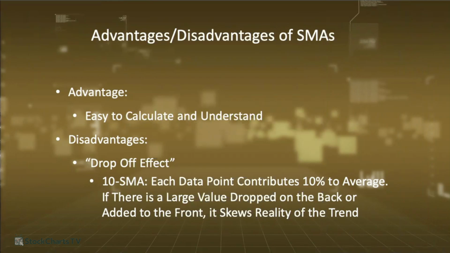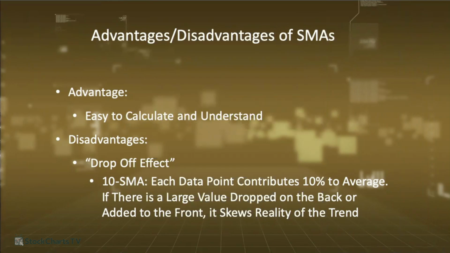So if you, for example, got a really large price drop for the day, that's going to skew that average quite a bit. But as that data point, that huge decline, moves down, eventually it's going to drop off. And now that's going to really change the character of your moving average on the right-hand side where we watch all the time.